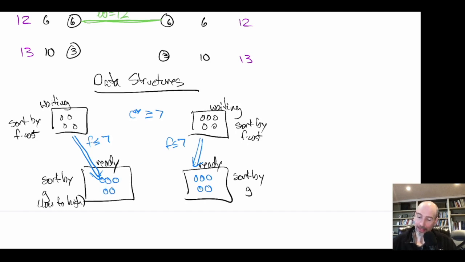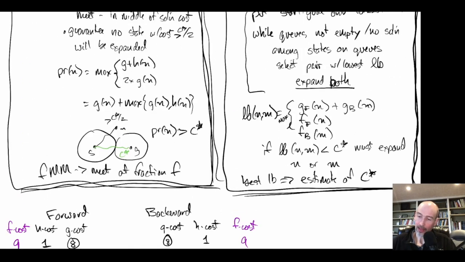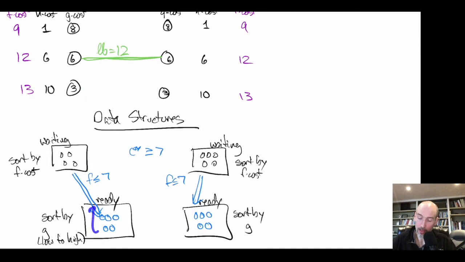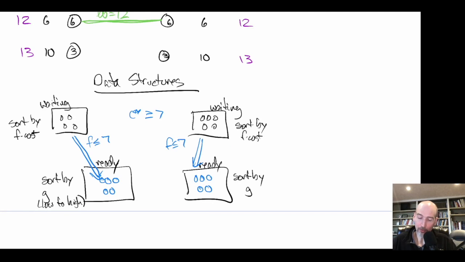Okay, so these states that are down here have already met the requirement of f in the forward direction and f in the backwards direction. So these are the forward, and these are, for instance, the backwards direction. We know that they're less than our estimate of C star. And then the third condition we have to check is whether g plus g is less than C star. So what we can do now is take the best nodes off of each of these priority queues, and we can compare them.